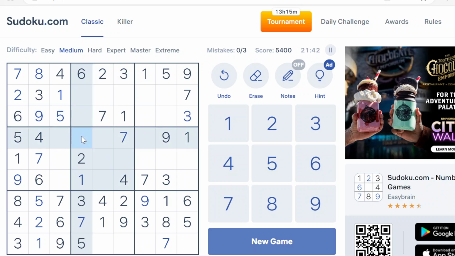And this one has to be 8 because there's already a 4 here and there's a 9 here. And this one already has a 9. But the 8's already used, so this one has to be a 4, which means then that this one has to be 9. Yay.